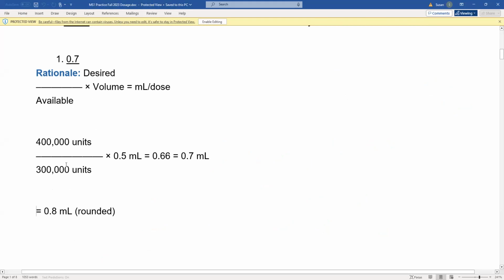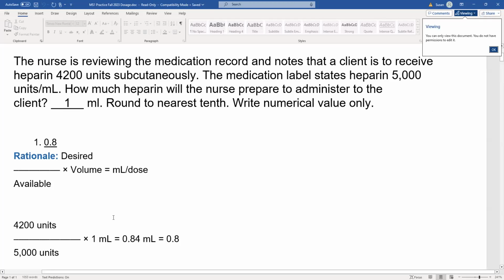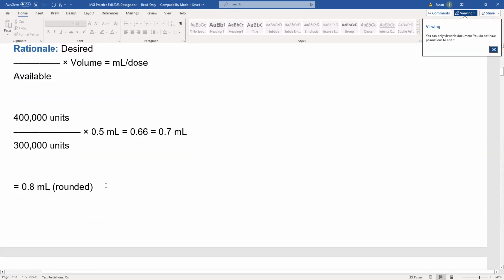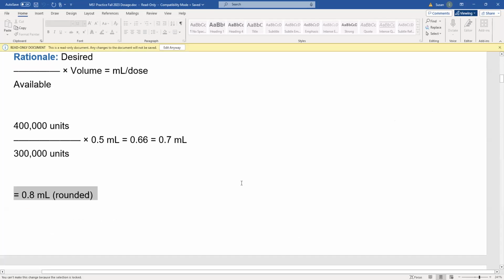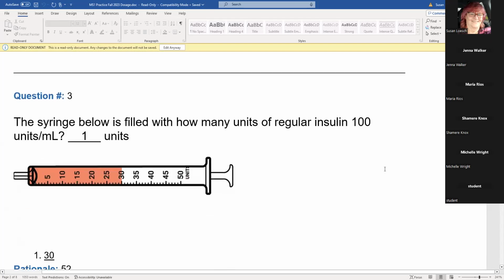The answer is 0.7. I don't know why that's there, but it's wrong. Fix that. Okay, we'll fix it later. You want to be stubborn.